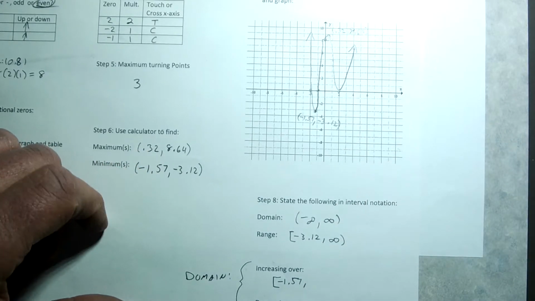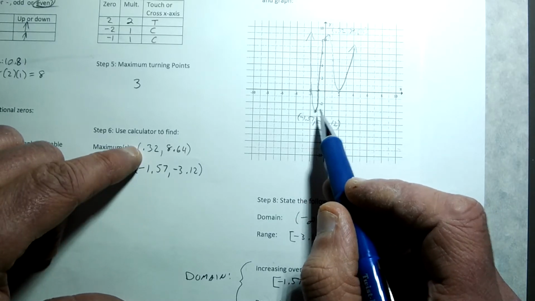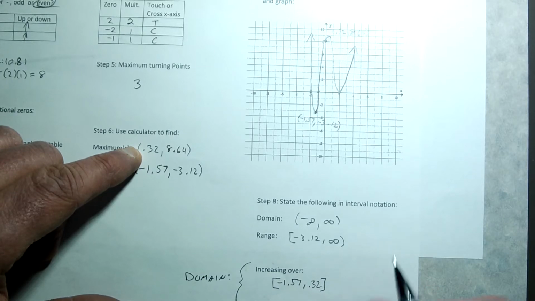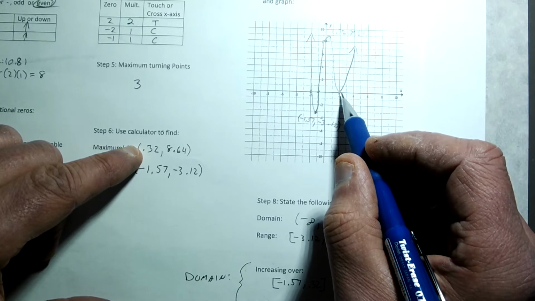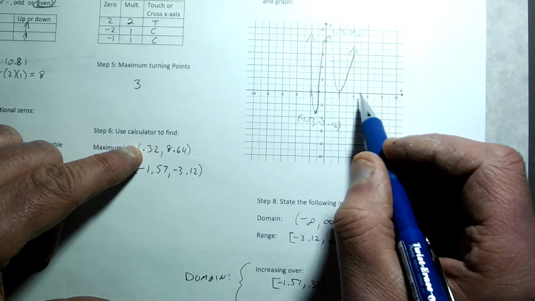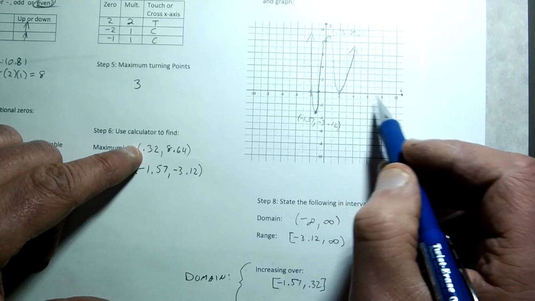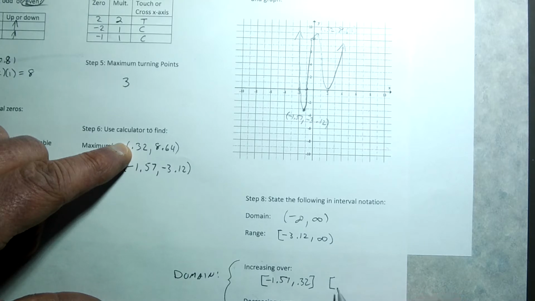But so I went from -1.57 here to 0.32 up here, right? And so that's going to be the first interval over which this function is increasing. Okay, and the other one goes from this 0 of 2 eventually out to infinity. This is an increasing function over that interval. And so that will also be another one, and this is going to be here from 2 to infinity.